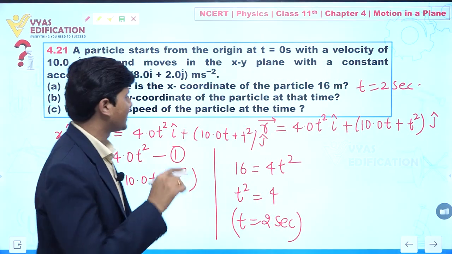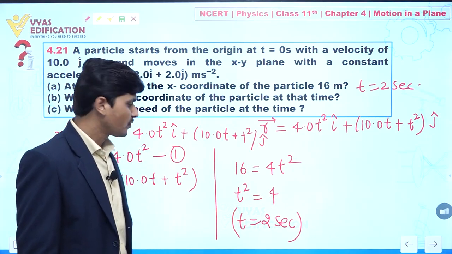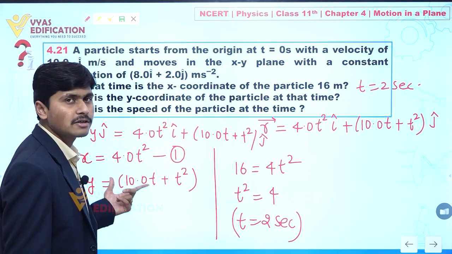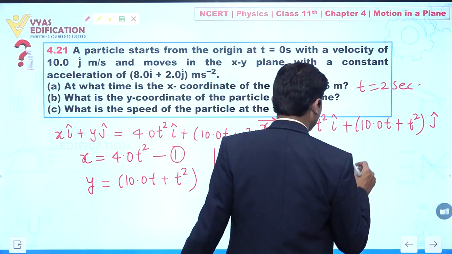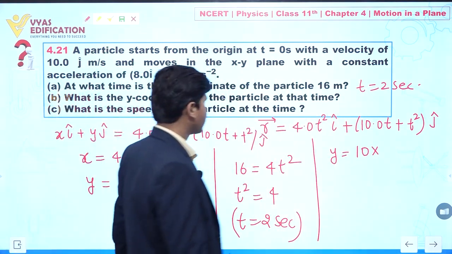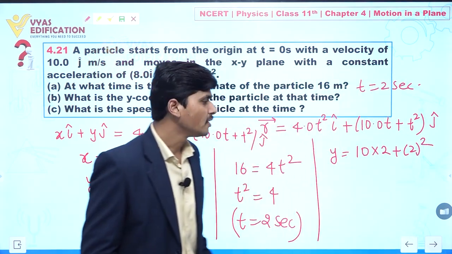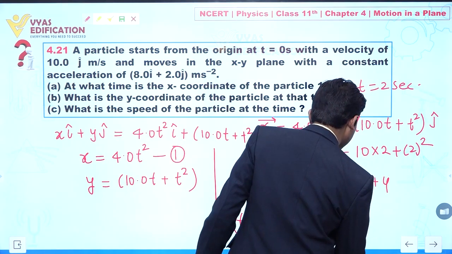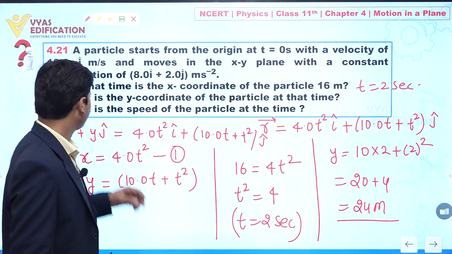Now, for the y coordinate of the particle at that time, we put the value of t in y: y equals 10 times 2 plus 2 square, which is 20 plus 4, so 24 meter. This is the answer of part B.